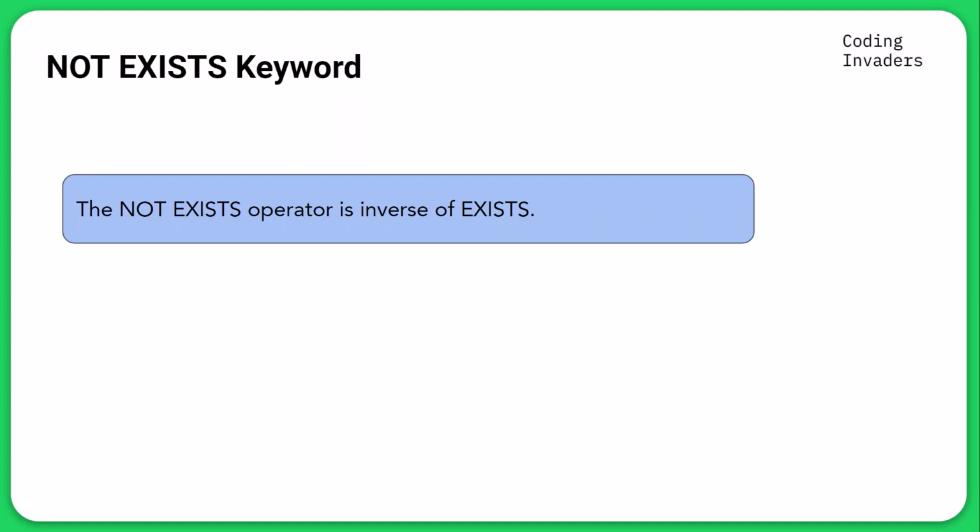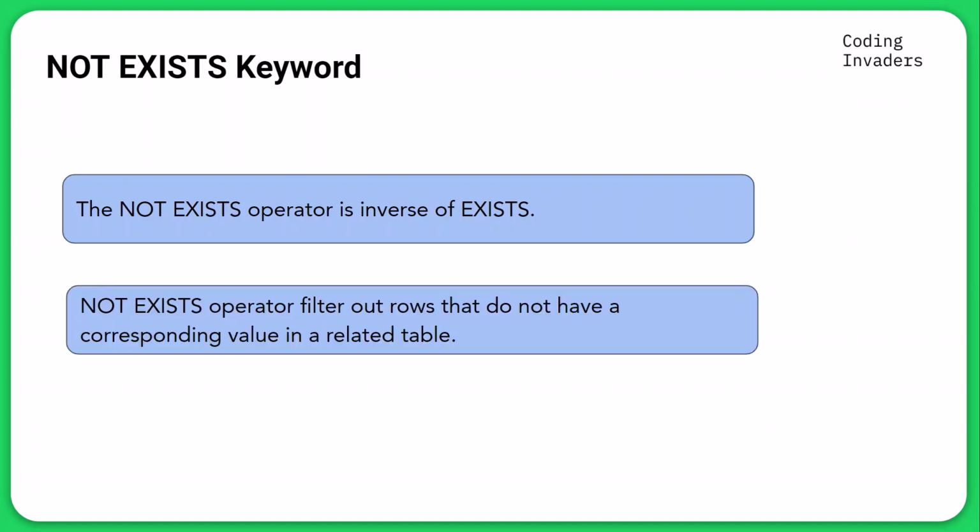So now let's summarize what we have learned on NOT EXISTS. The NOT EXISTS operator is the inverse of EXISTS. The NOT EXISTS operator in SQL is a powerful tool for filtering out rows that do not have a corresponding value in a related table.